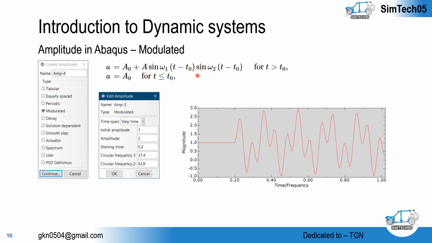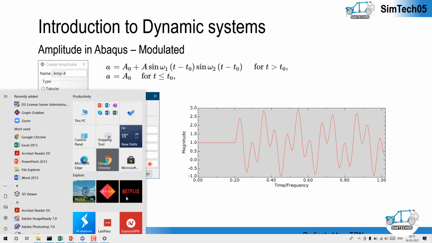Here we don't have a B value, I'm sorry, because those are in multiplication, not in addition or subtraction. So for the A value you have to define the starting amplitude. See, this is the initial amplitude, and A is the starting amplitude, or simply we can say amplitude. Then starting time T0, and circular frequency, this is the circular frequency omega 1, and this is the circular frequency omega 2. So let me define this modulated curve in Abaqus.